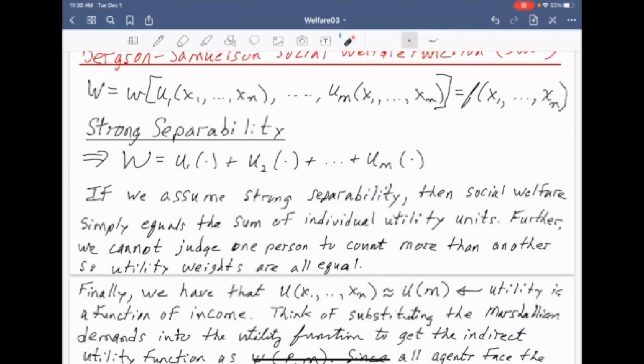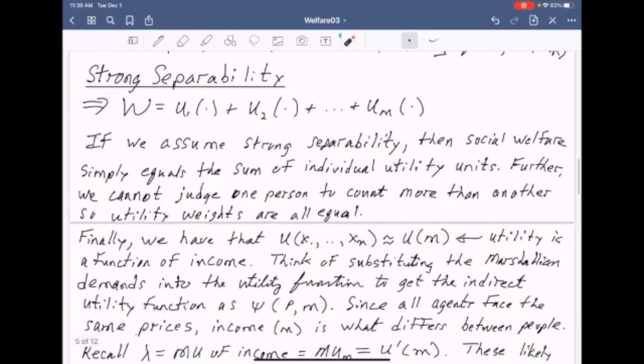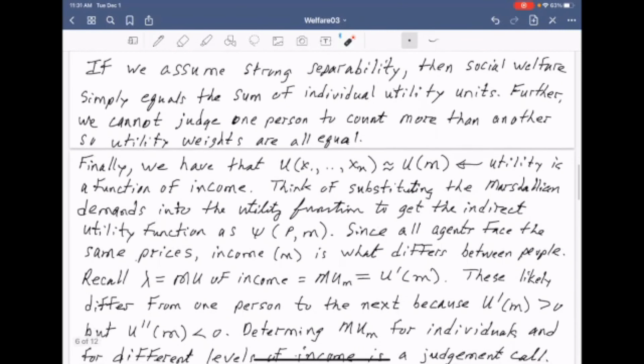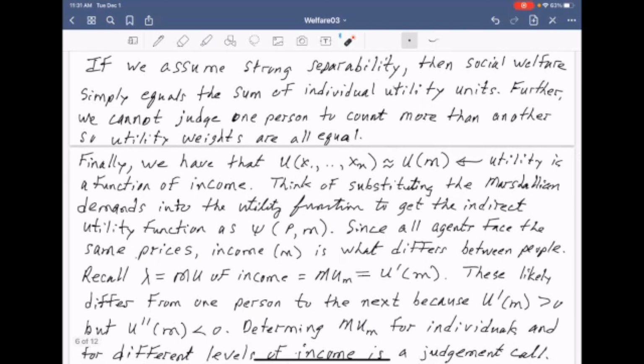Further, we cannot judge one person to count more than another, so the utility weights are all equal. There's a 1 in front of these, and everyone counts the same. How do we make any other decision? We can't, because that would involve some kind of a value judgment.